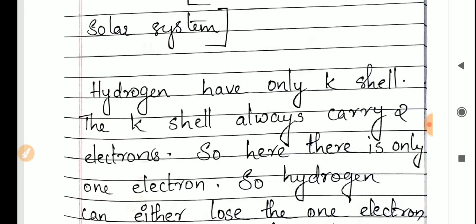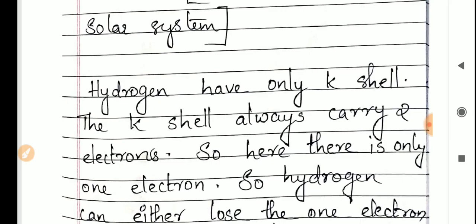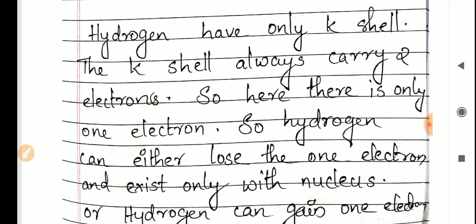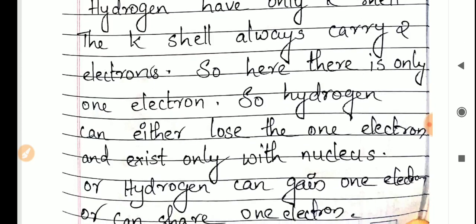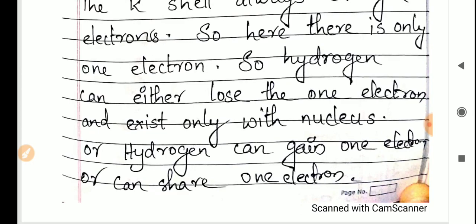So hydrogen, in that diagram you saw, has only the K shell. The K shell will always carry 2 electrons, I mentioned above, right? Here there is only one electron in hydrogen. So what will hydrogen do? Hydrogen can either lose one electron and exist only with the nucleus.